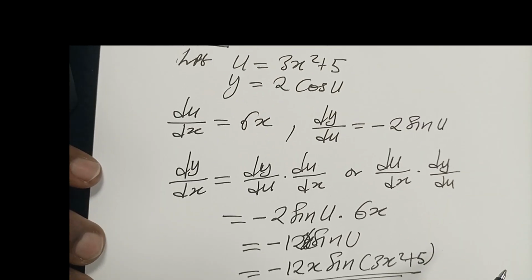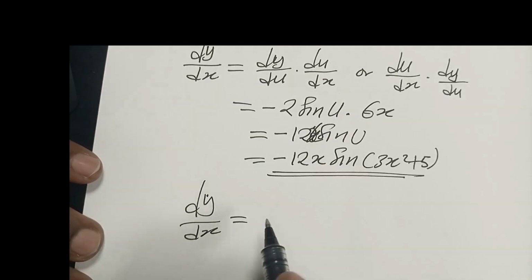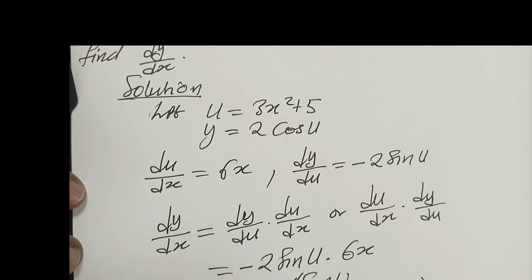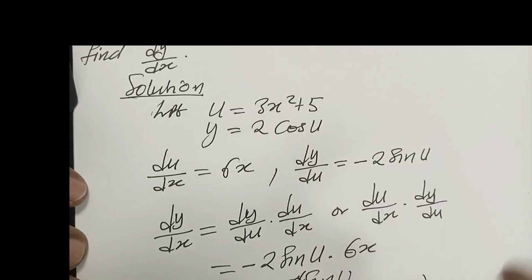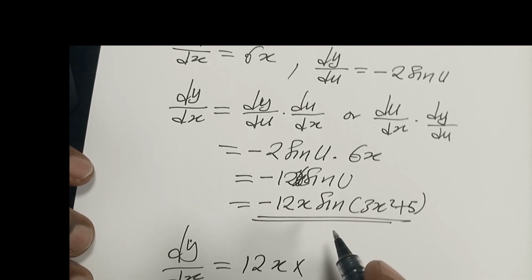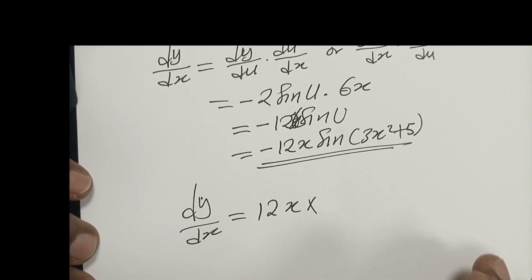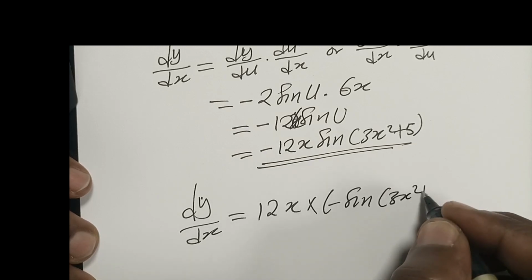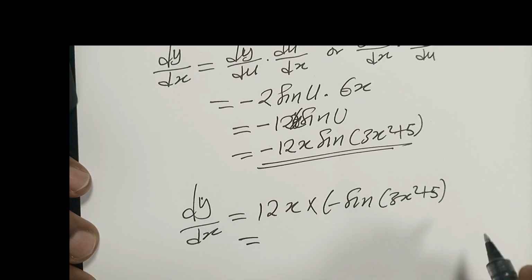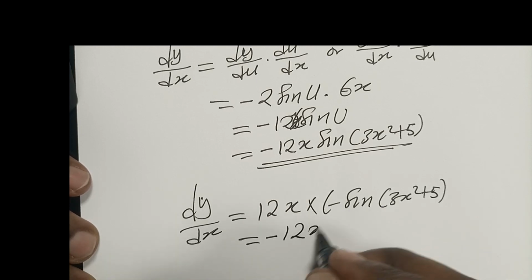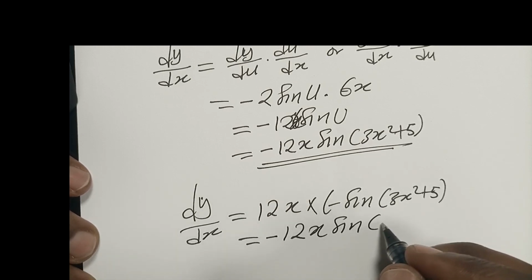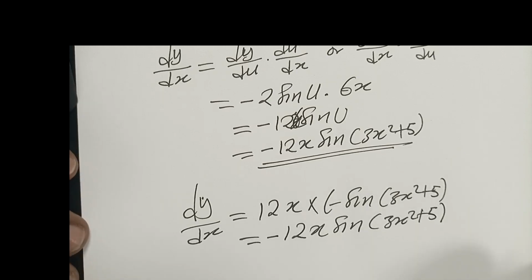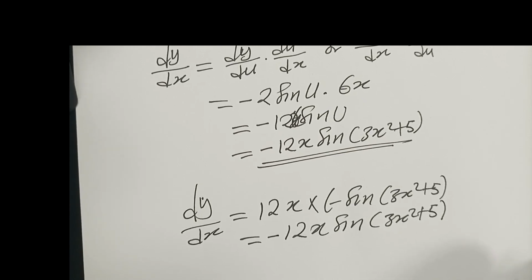You're going to get 12x, then times the derivative. Now the derivative of cos is negative sine, so it's going to give you negative sine 3x squared plus 5. Then you just simplify, so you get negative 12x sine 3x squared plus 5. And that's how you differentiate this trig function.